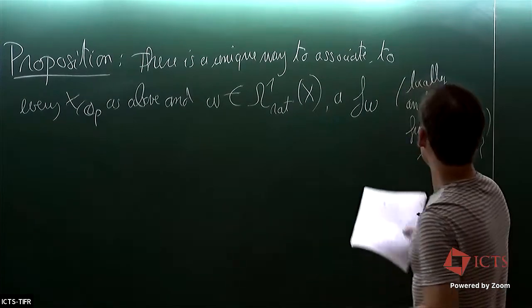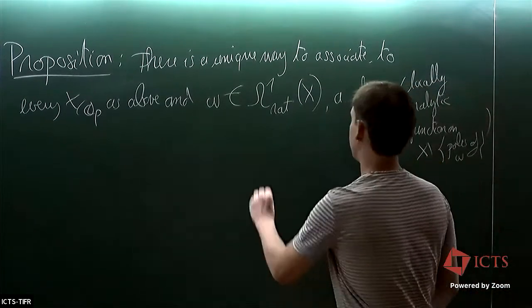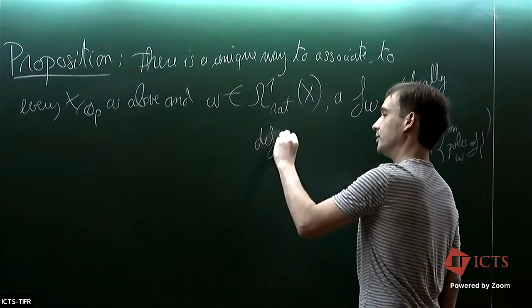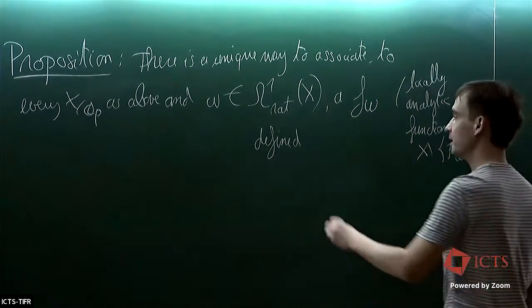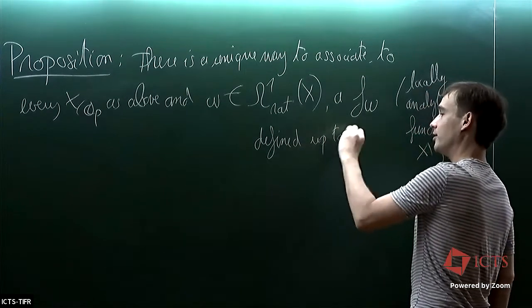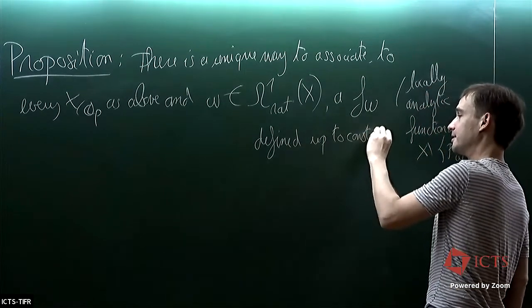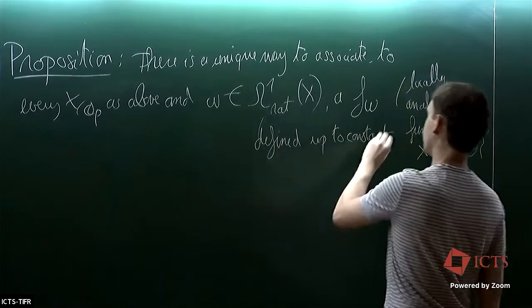Here, f omega is defined up to constant, because of course, if I take a primitive, I add a constant, it's still a primitive. So everything I will say afterwards makes sense up to an additive constant.